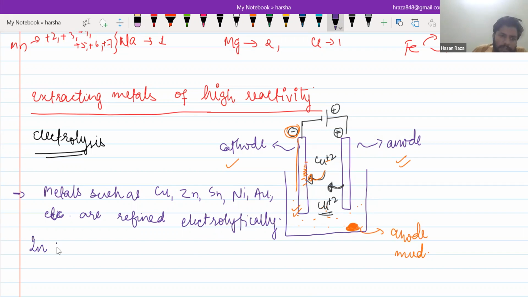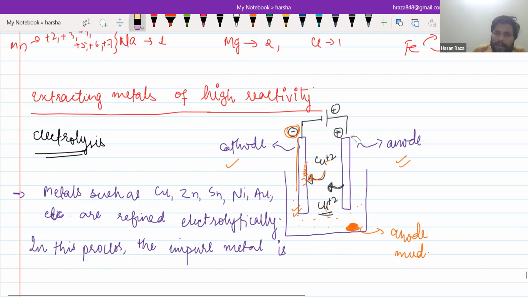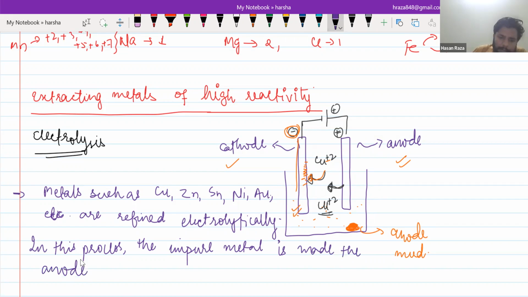Basically, in this process, the impure metal is made the anode. I will explain again, you will get it.